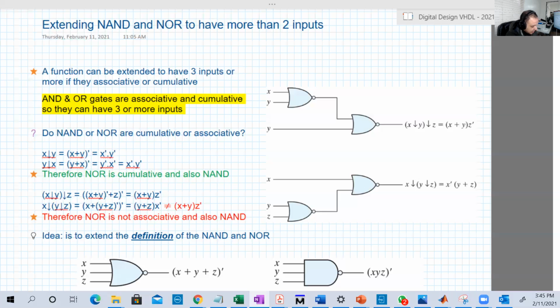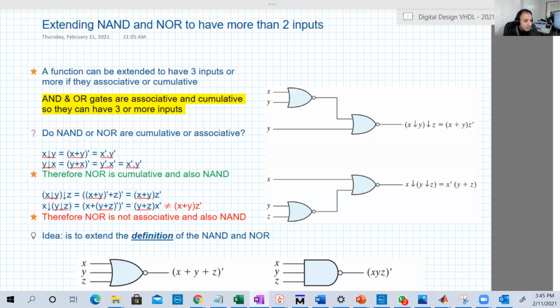But some of our designs need gates that have more than two inputs. So far, we just discussed the two-input NAND gate. For OR and AND gates, we can extend the number of inputs to more than two.